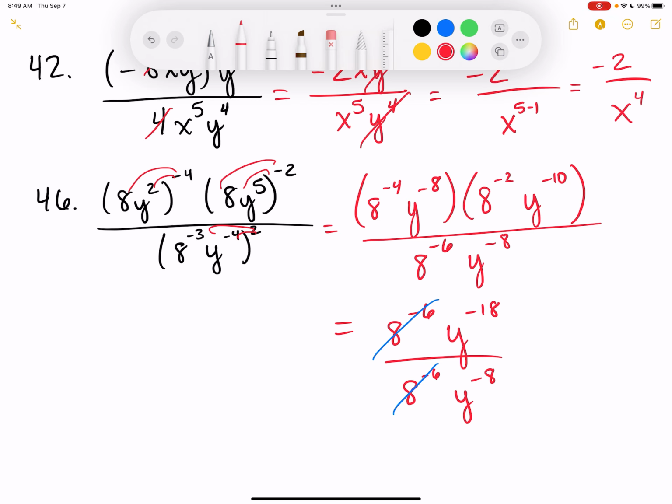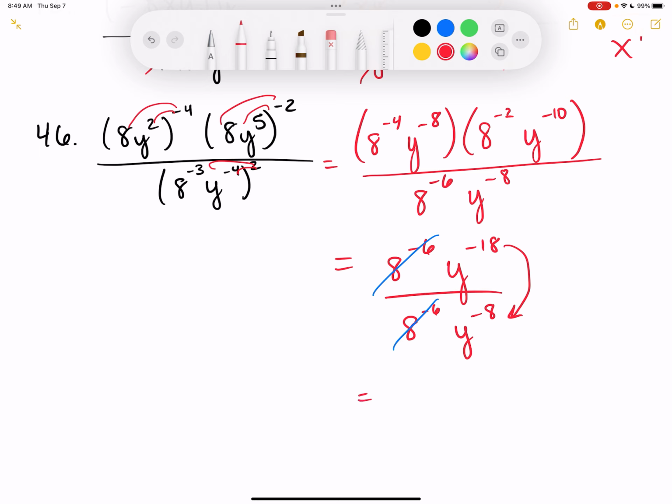But with this one, we want to move the smallest number to the biggest number. So that's going to be the negative 18. So we're going to be moving this down here, so we're going to add it to negative 8. So this is going to give us 1 over y to the 10, because this gives us y to the negative 8 plus 18 to get there.